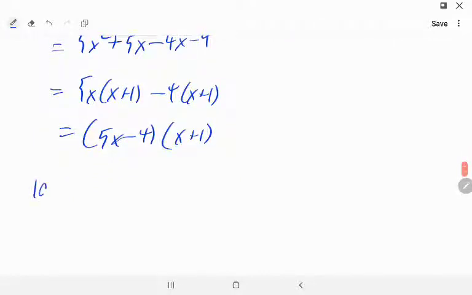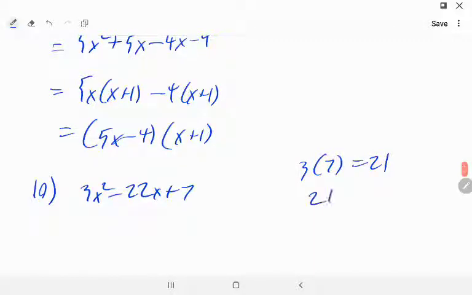Number 10, we've got 3x squared minus 22x plus 7. So again, we have to work a little harder. We've got 3 times 7 is 21. And then we notice that 21 times 1 equals 21, and 21 plus 1 is 22.